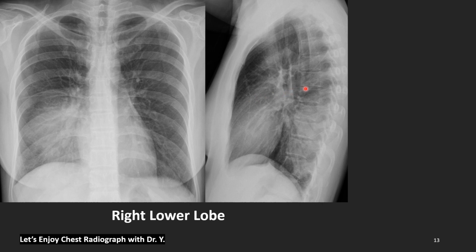Where is the middle lobe? Nothing happened to the middle lobe. Yes, the retrocardiac triangle is not black, it's very white with air bronchograms. That means this is a lower lobe lesion below the major fissure. Yes, this is silhouette negative right lower lobe consolidation.